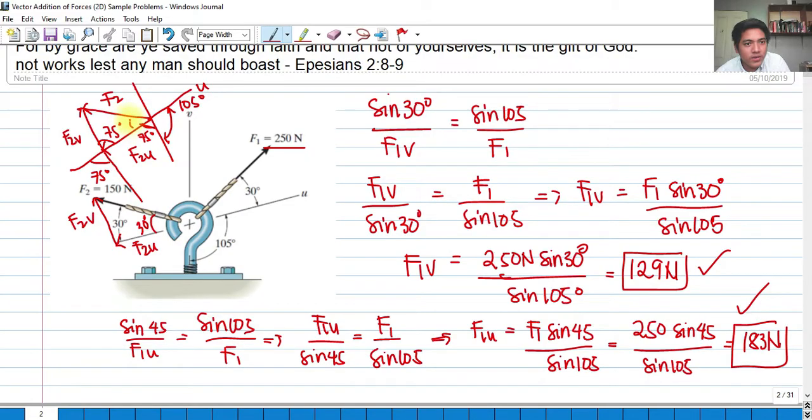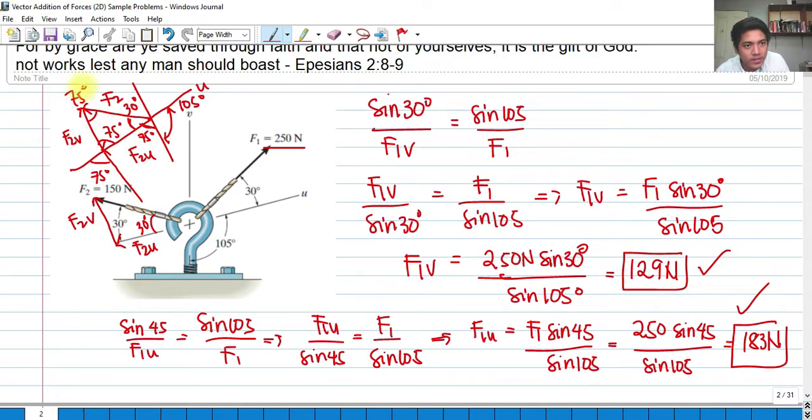And take note that this is 30 degrees, which is given. Again, 75 plus 30 is 105. The sum of the angles of a triangle is 180, so this angle should be 180 minus 105, which is also 75 degrees.